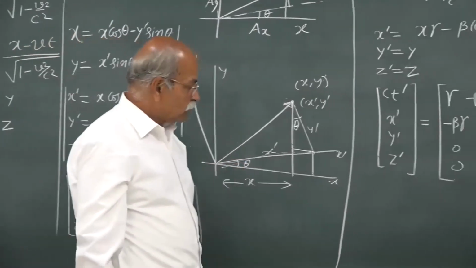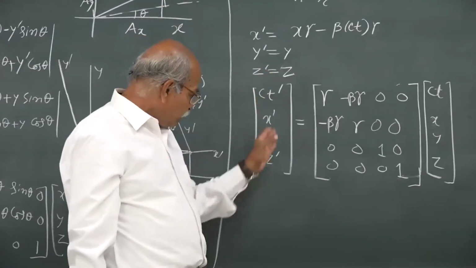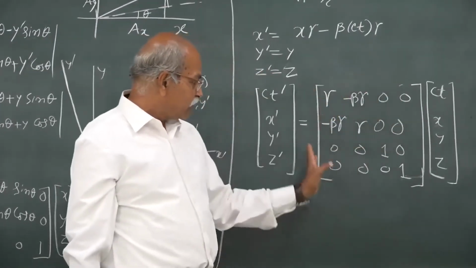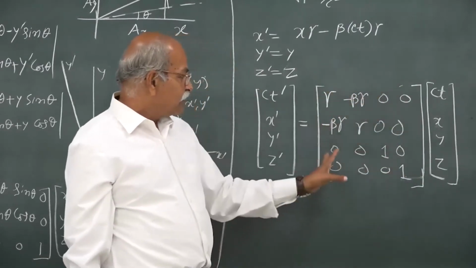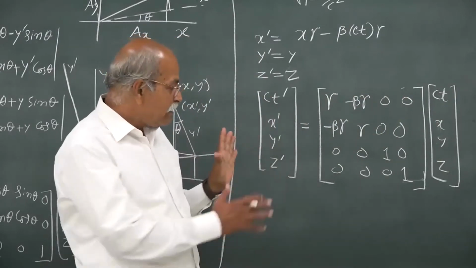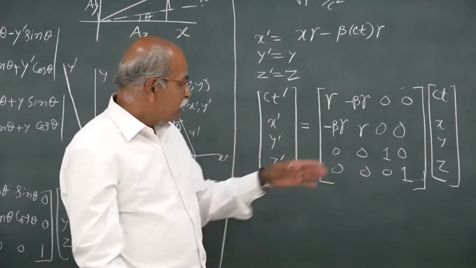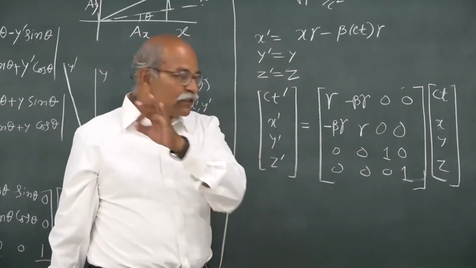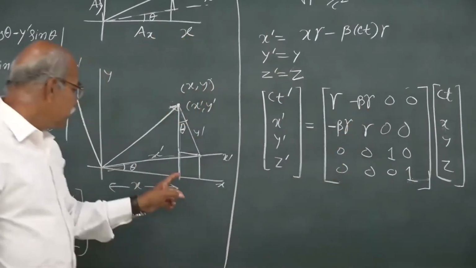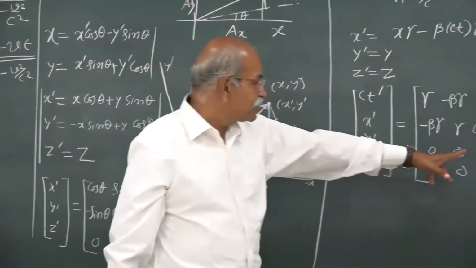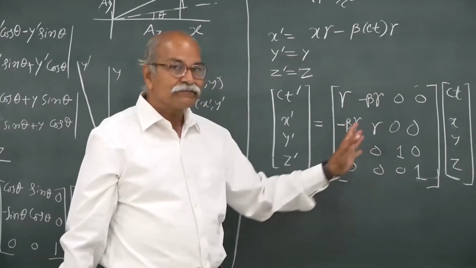So, here also I have a column vector with 4 components, then there is a transformation matrix that takes me from this to this. From S to S prime the key factor is that V, so that is in this beta gamma. Here the key factor was theta, so that theta was coming here. Here the key factor is that V, so that V is coming here.